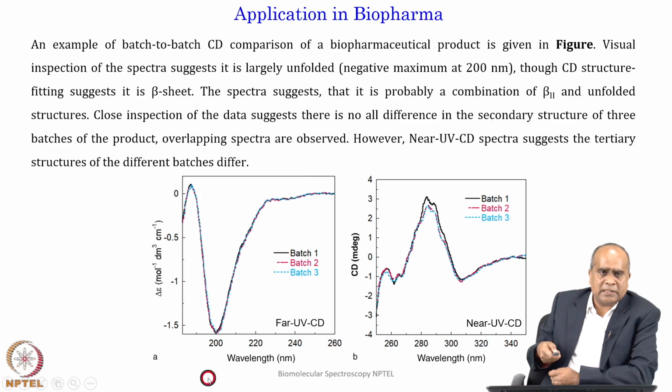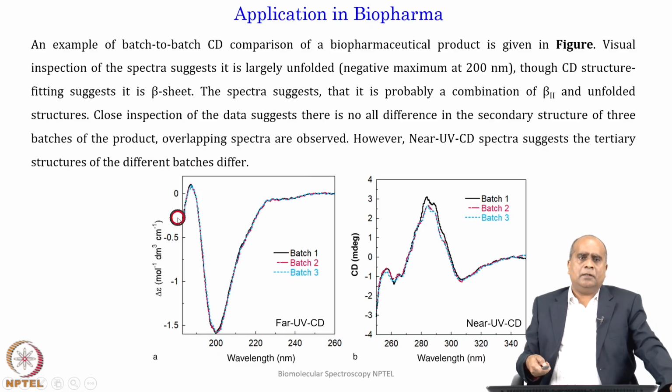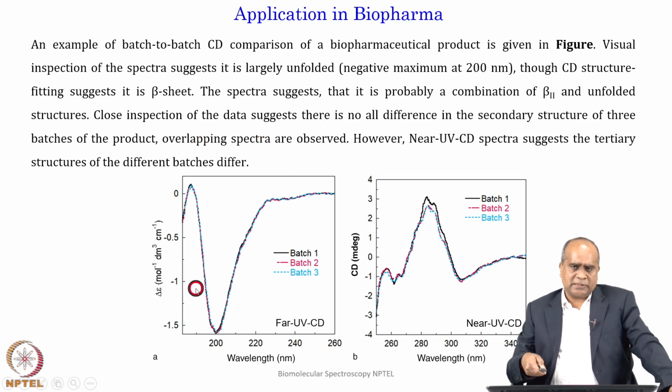The spectra say that although the protein is largely unfolded, because there is no characteristic peak of helix and sheet, the batches are basically similar. If you fit it a little bit, you will get a beta sheet conformation, right. Now if you look at these batch 1, batch 2, batch 3, here they have some difference in the CD signal.